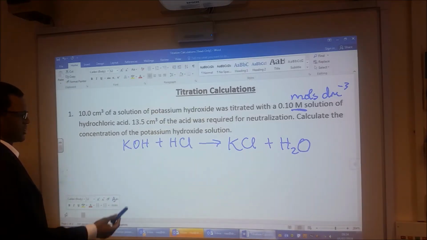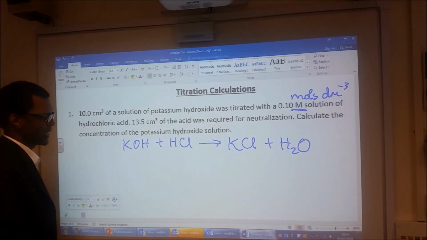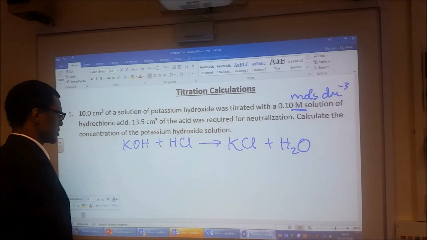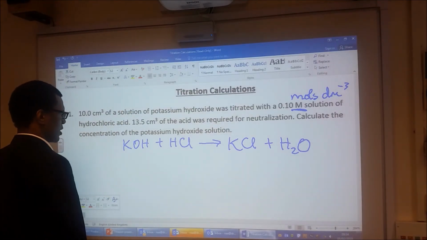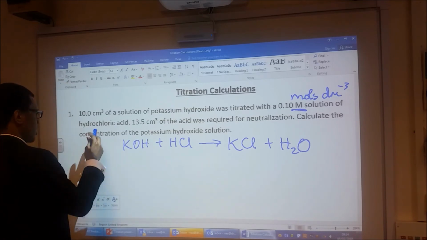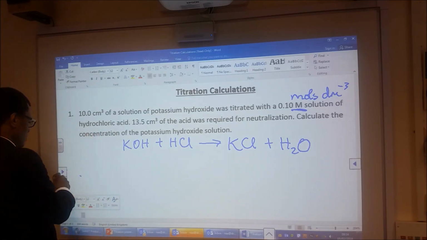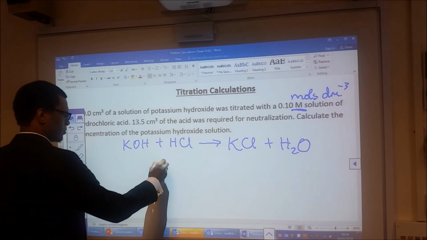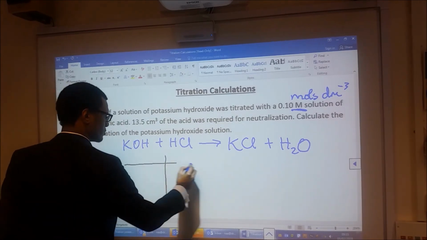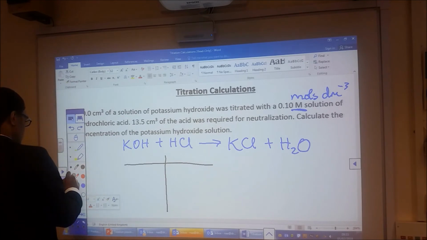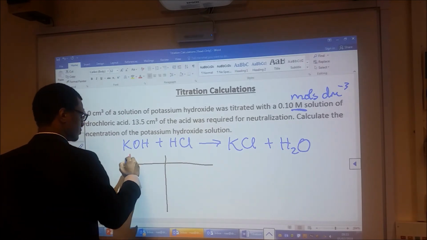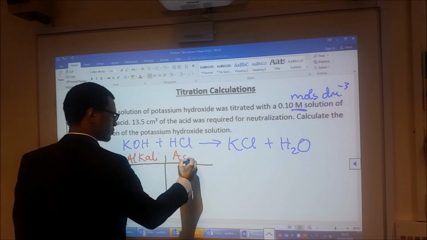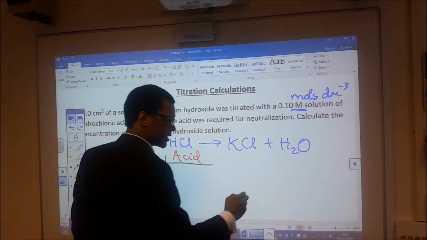That is an alkali plus an acid gives us a salt plus water. It's a neutralization reaction. It's balanced. Okay, so I'll draw my table. Our formula triangle.